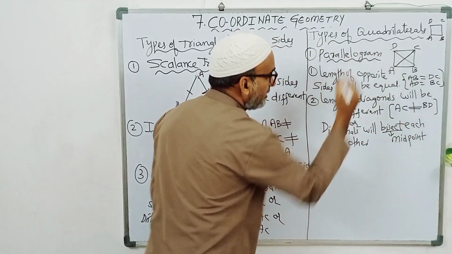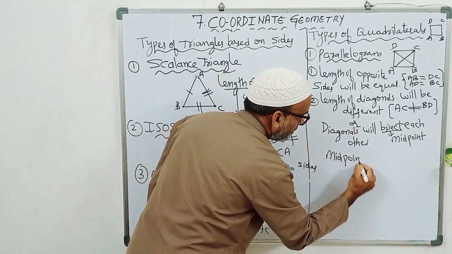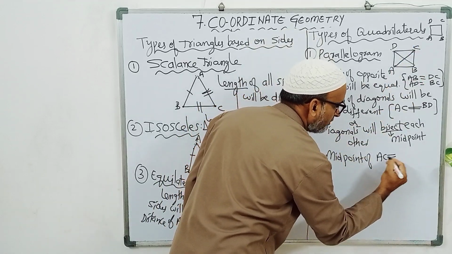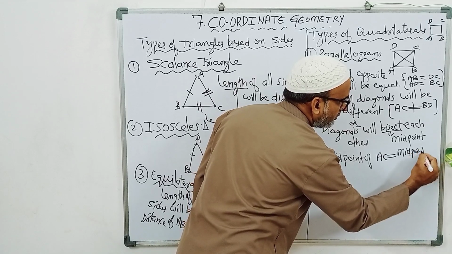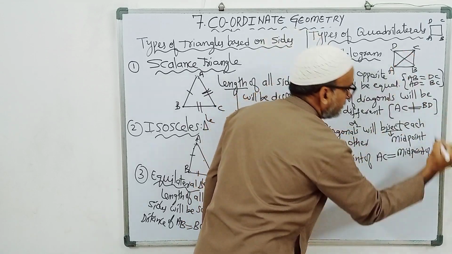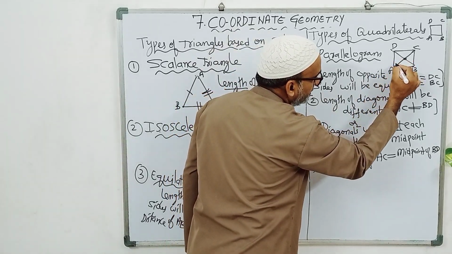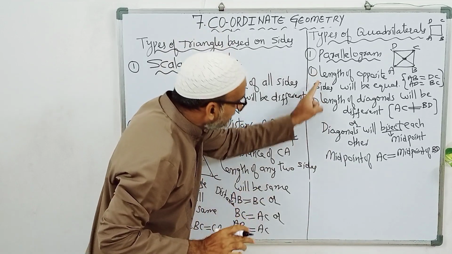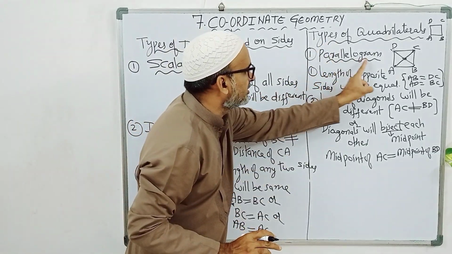The midpoint of AC will be equal to the midpoint of BD. Midpoint means the middle point; the middle point of this one and the middle point of this one will be the same. If these conditions are satisfied, then we say that it is a parallelogram.